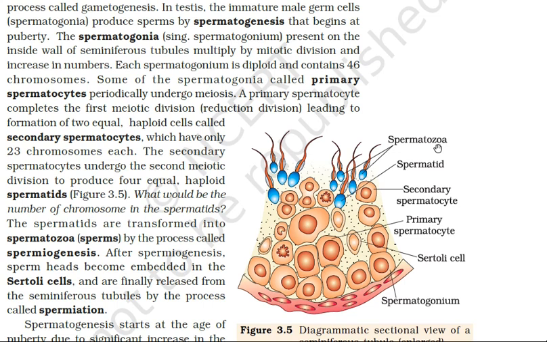Whereas the type B spermatogonia differentiate into spermatogonial or progenitor cells. These undergo spermatogenesis and differentiate to form sperm cells.